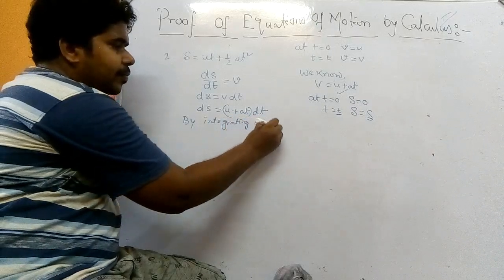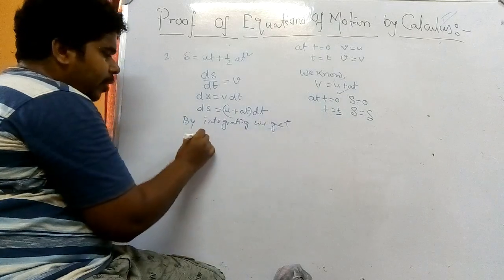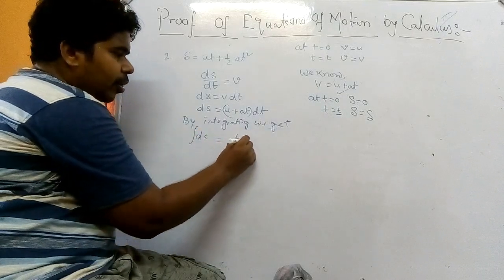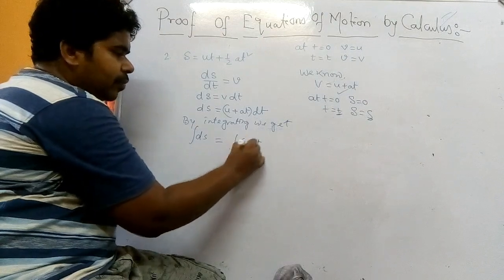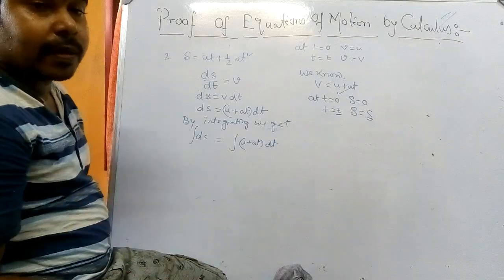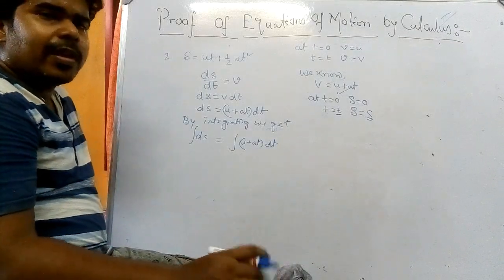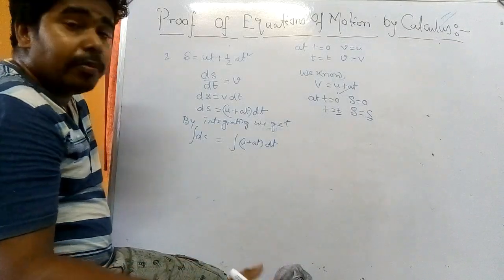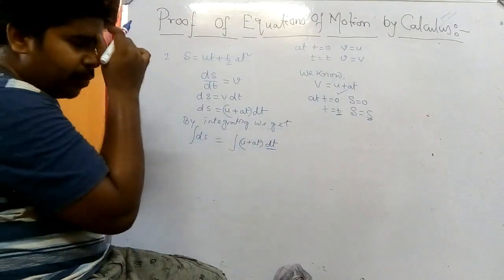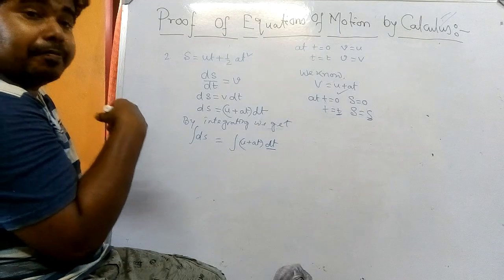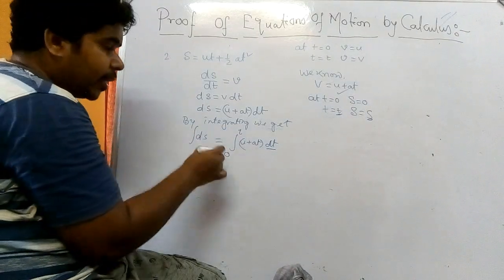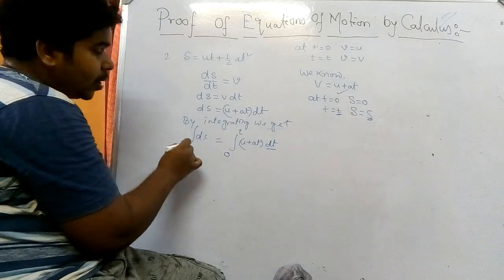Okay, now we integrate it. Integration of ds equals integration of u plus at into dt. Now talking about the limits: based on which thing do we have to take the limits? As it is dt, the limits we have to take are for time. So time changes from 0 to t. At time t equals 0, what is our displacement?